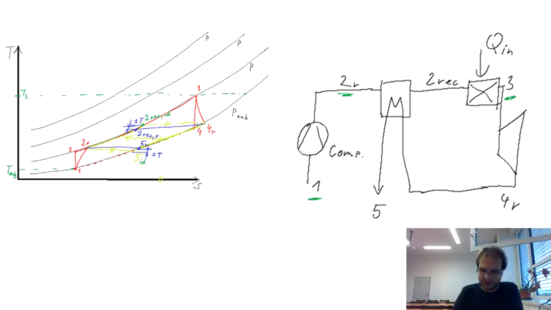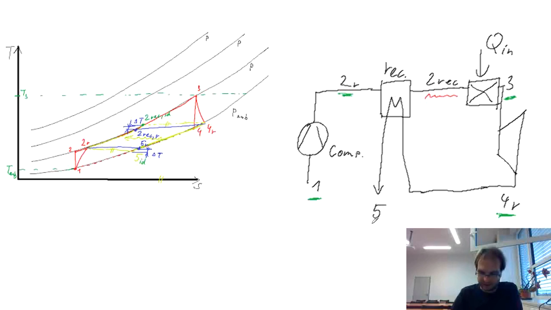So it's just this point 2 recuperated, where we need to get the temperature, and then we have the combustion chamber. The point 3 will stay as it was, and therefore in the turbine also nothing will change. Point 4R, if we neglect any pressure drop in this heat exchanger, the recuperator, will be on the same pressure, and there will be no change to the previous calculations.